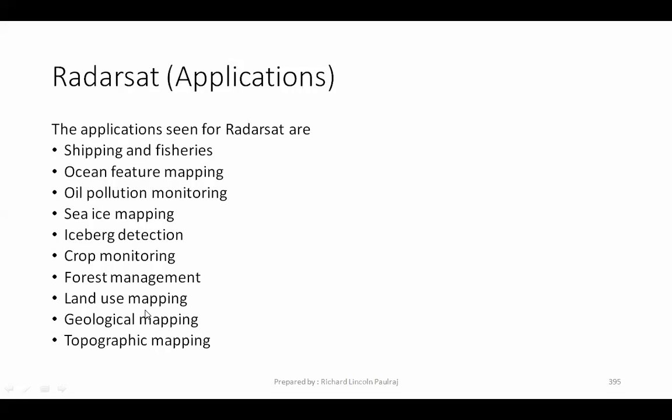Land use mapping: how the land is utilized, whether there are any acquisitions, any legal matters. You can give this data to your local authorities, and they will be able to check if the boundaries are properly maintained. These images can be blown up, zoomed in, and checked.